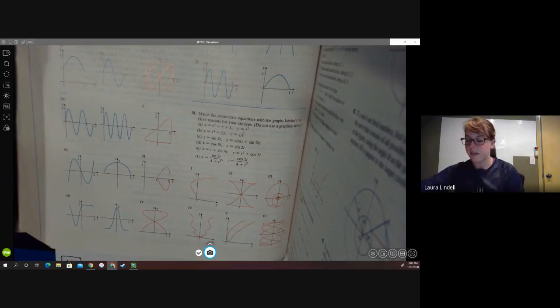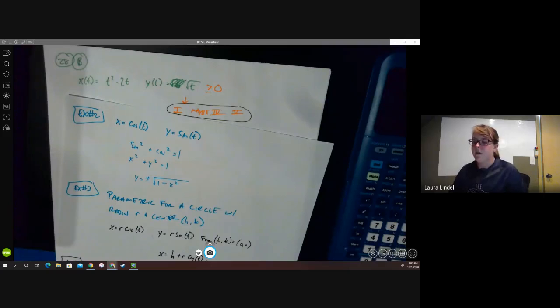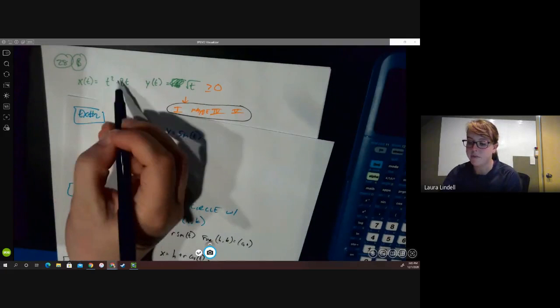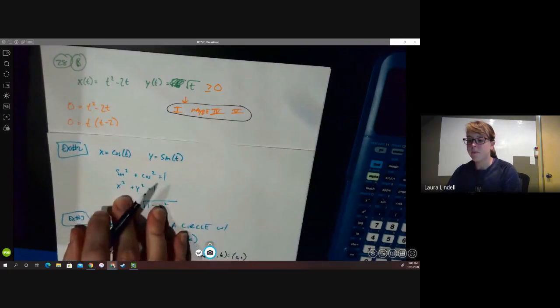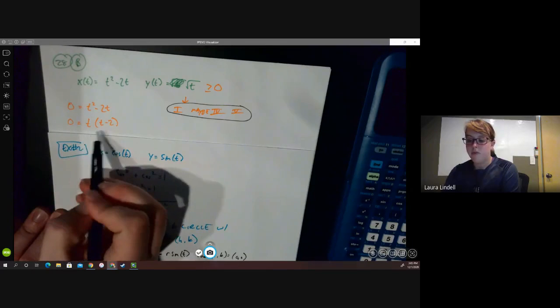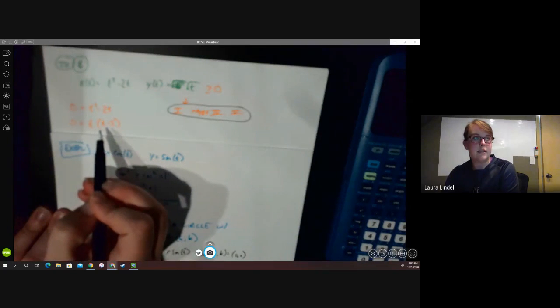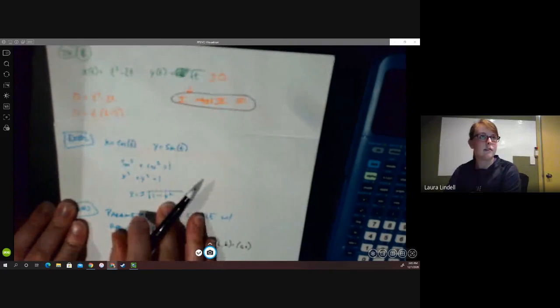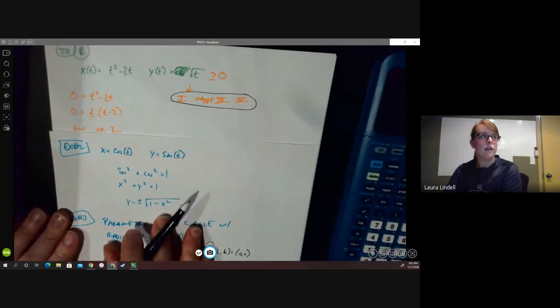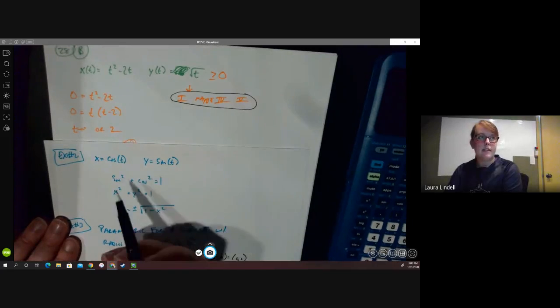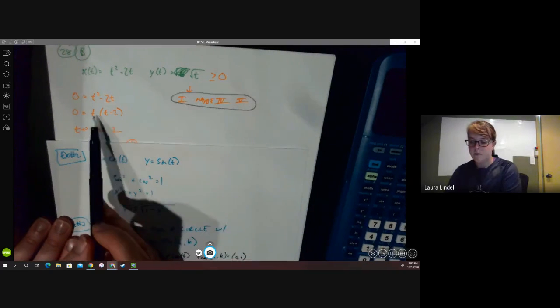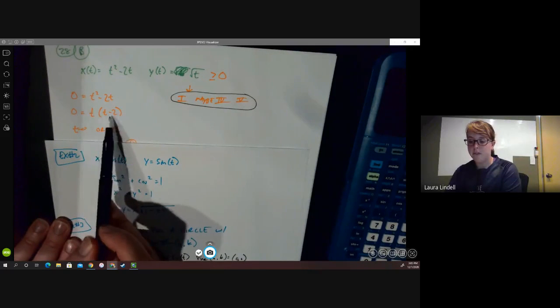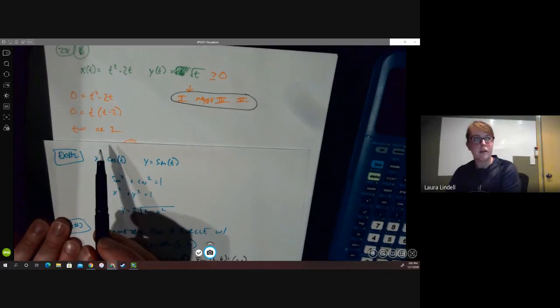So since that's the case, let's figure out when x is 0. So I'm going to set 0 equal to t squared minus 2t. And then we can factor this, and we get t times t minus 2. There we go. And so then we get t is 0 or 2, since we set each of these pieces individually equal to 0.